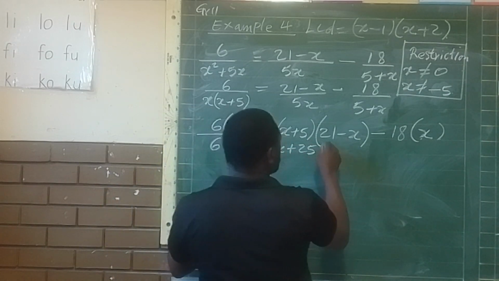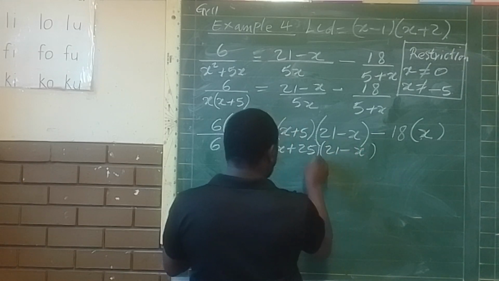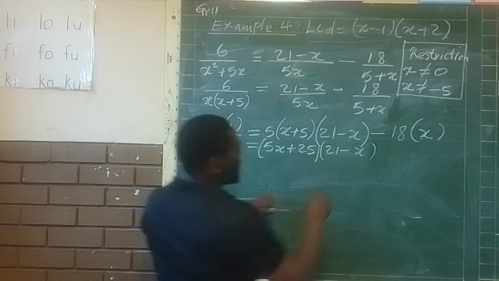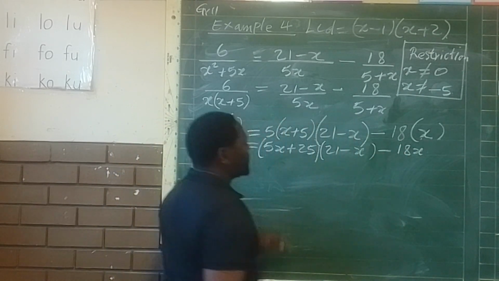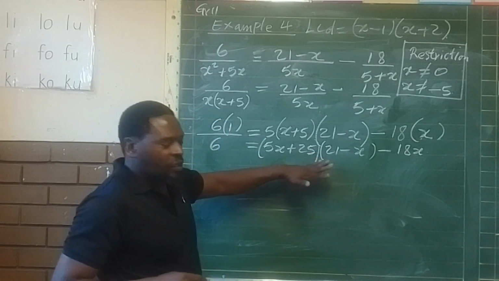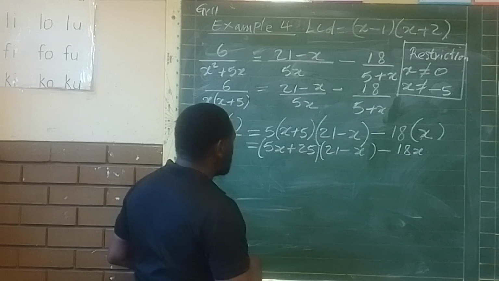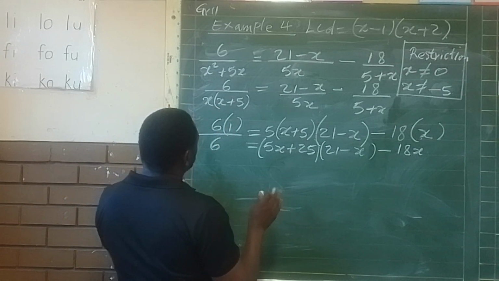We multiply that still by 21 minus x. See, now we have another 2 brackets that we are going to multiply with. Minus 18x. Here, do not get confused. Do not be clumsy. Otherwise, your math is going to be out of proportion.